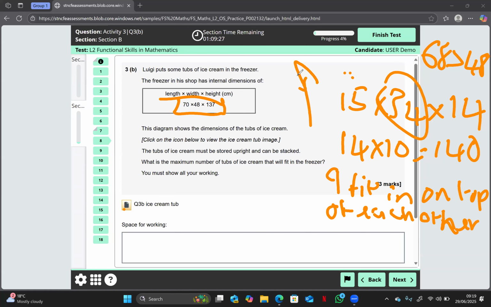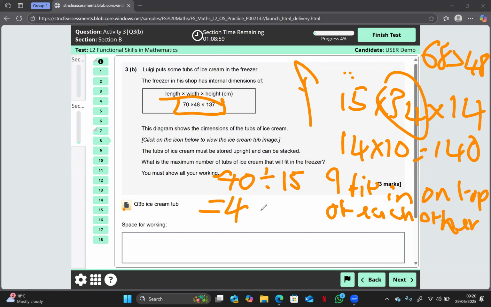How many rows can there be? 70 divided by 15. So that's 4 rows.